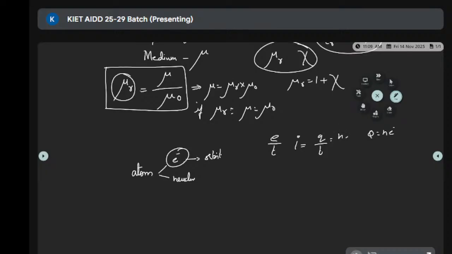So this is equal to NE by T. N is the number of charge carriers. If the N value increases, current will be more, or if the same charges flow in less time, the current is large. So what is I? Current.